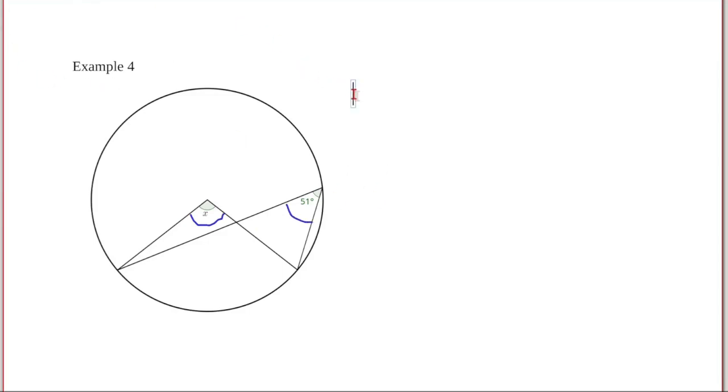So the angle at the center is 2 times the angle at the circumference, which in our case is 51. So 2 multiplied by 51 should give us the angle at the center, which is x. Then your x should be equal to 102 degrees. So here you have your 102.